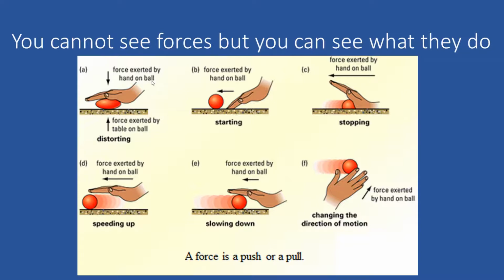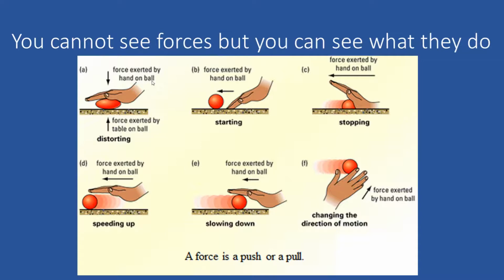I will repeat because maybe it's not clear. You have an object moving at 5 meters per second, then the speed increased to 20. Directly you will realize that there is a force acting on this ball. The effect here is speeding up. I exert a force to speed up the object.